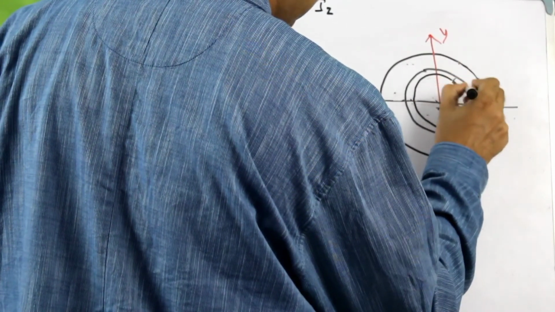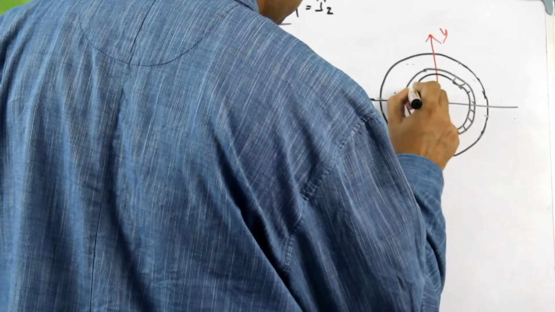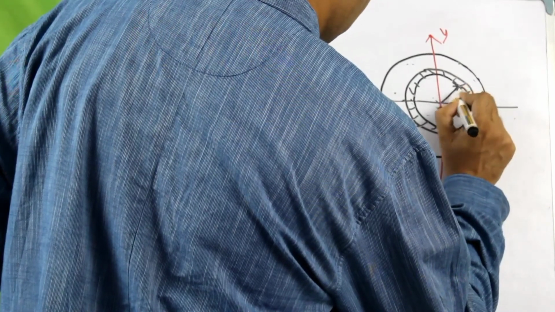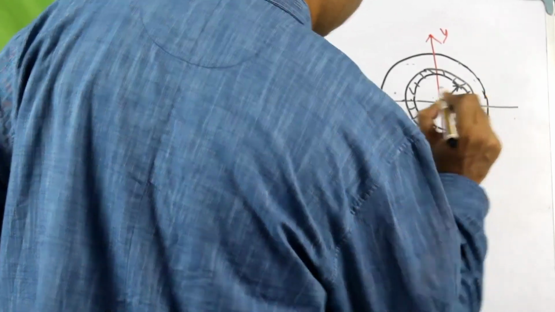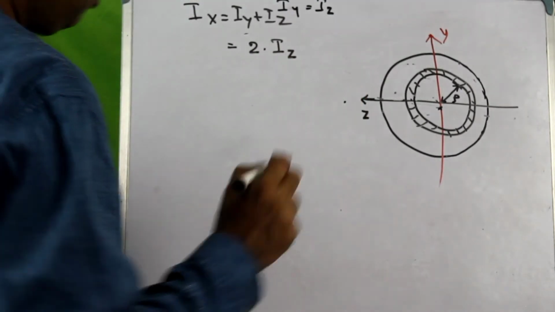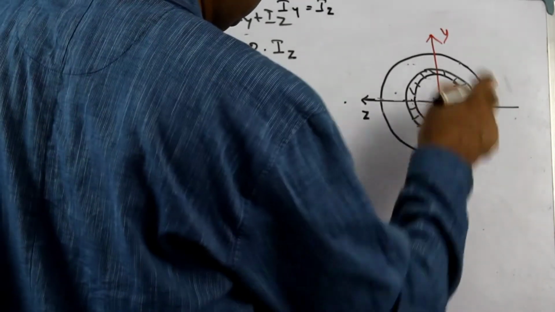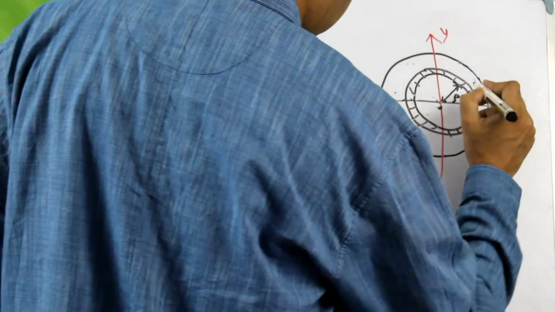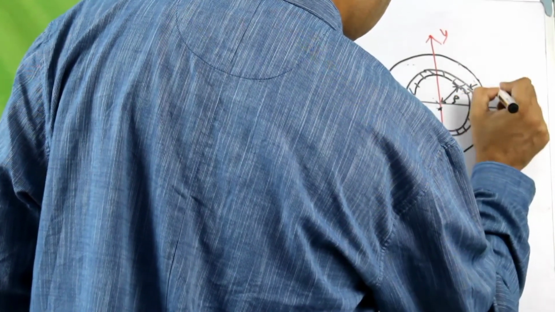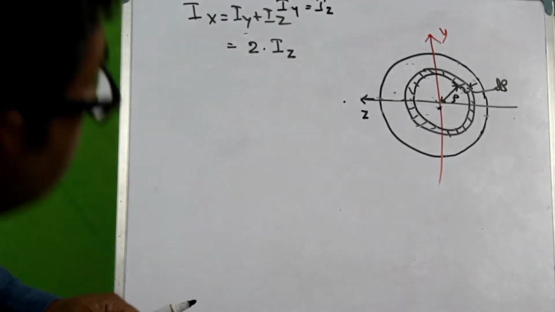So this is the elemental area which is at a distance of rho from the center, and the thickness of this elemental ring section is d rho.